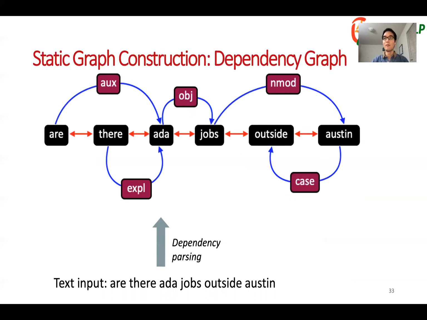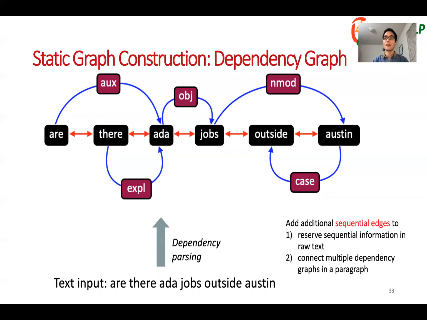But what if we have multiple sentences in text? One common way is to add additional sequential edges between nodes so that we can connect multiple dependency graphs in a paragraph. Besides, it also preserves sequential information in raw text, which can be helpful in some applications.